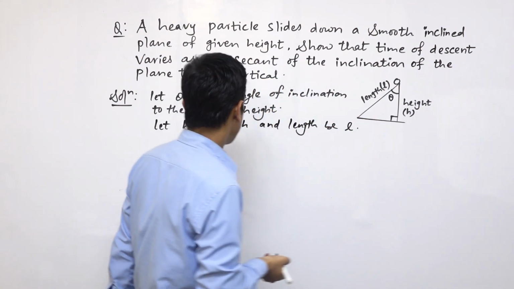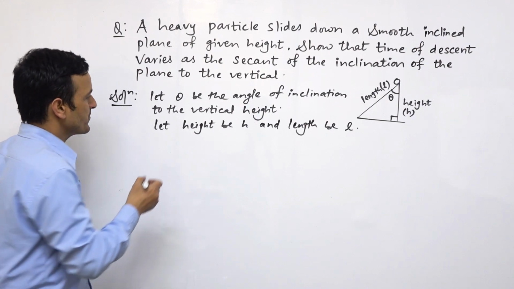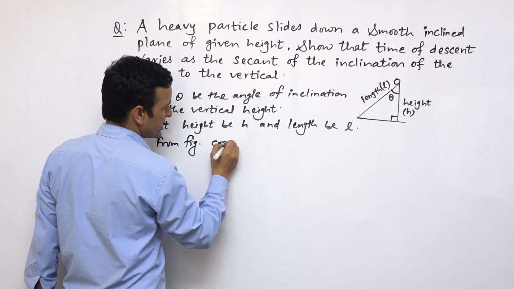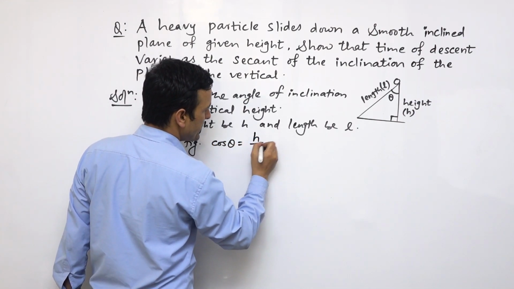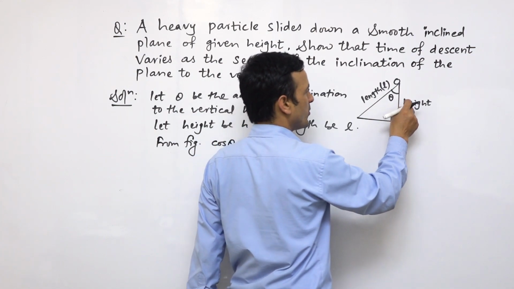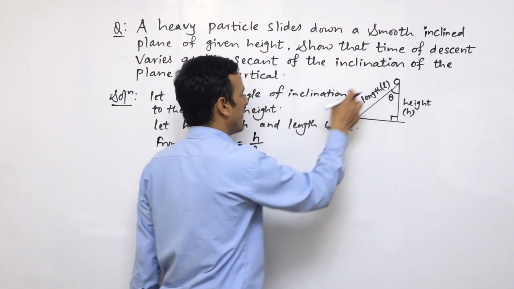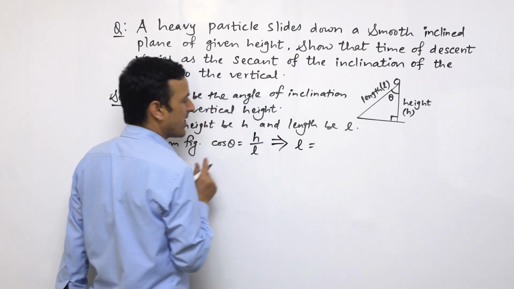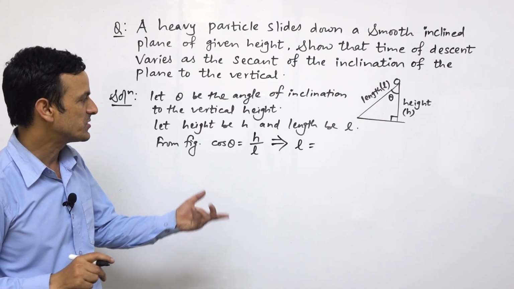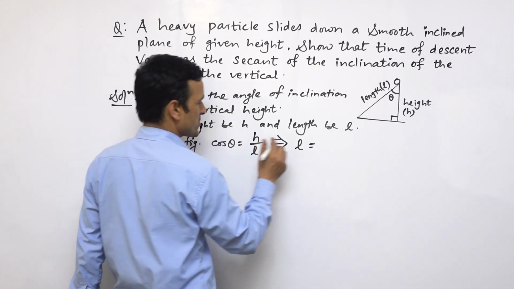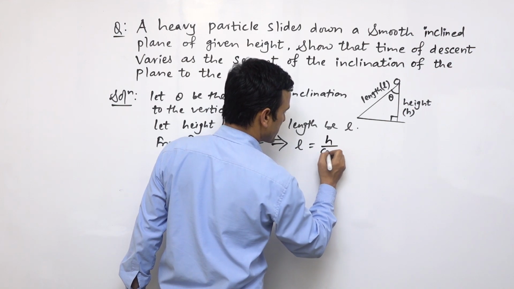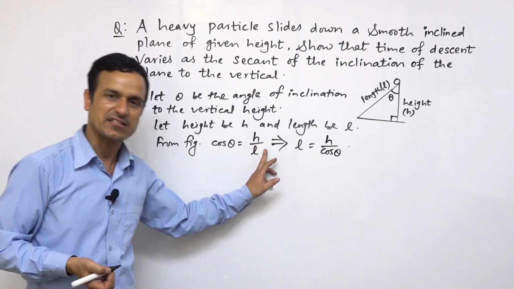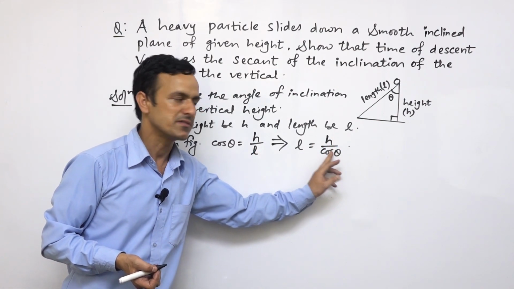From the figure, cos theta is equal to b by h, so h by l. From this we get the value of l, which is useful to substitute in the next equation of motion. So l will be h upon cos theta.